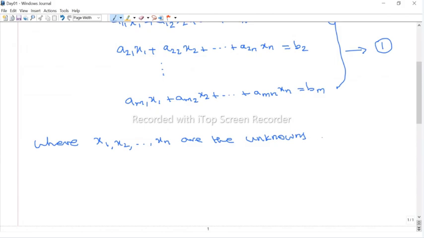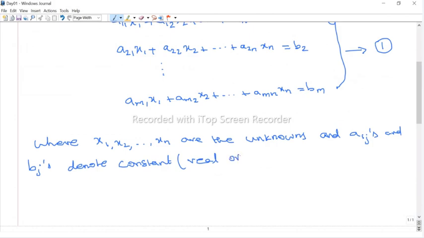And these aij's and bj's are known constants. The constants may be real or complex numbers, anything; real or complex constant numbers.